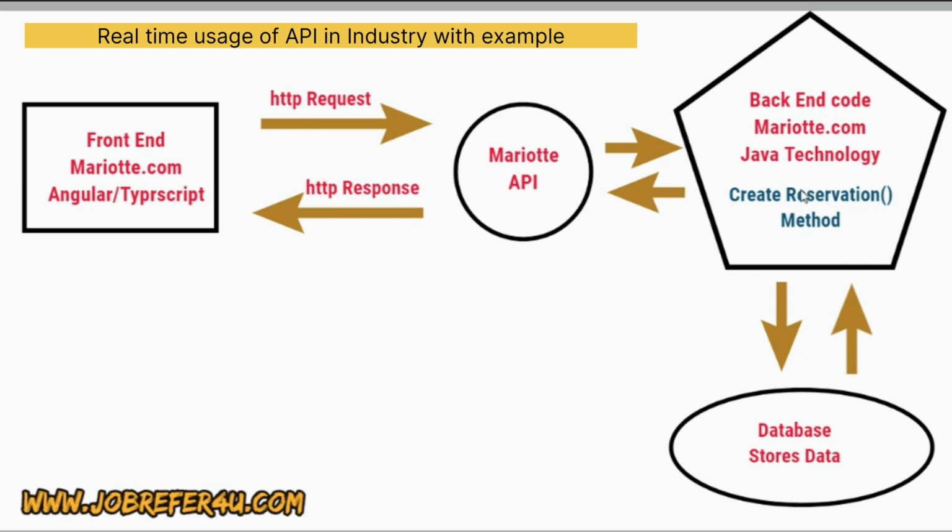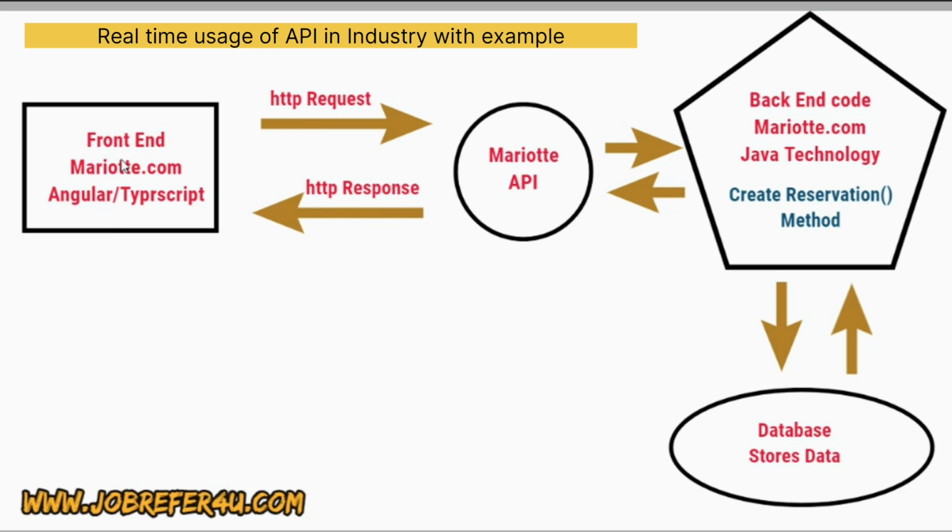So the developer will create the API in such a way that it does the job, and then it will send the response back to the API if it is a success. The API receives the response and then uses XML or JSON to send that response back to the front end. Front-end tools like Angular or JavaScript will parse that JSON, and as I told you, it can be parsed by all languages.